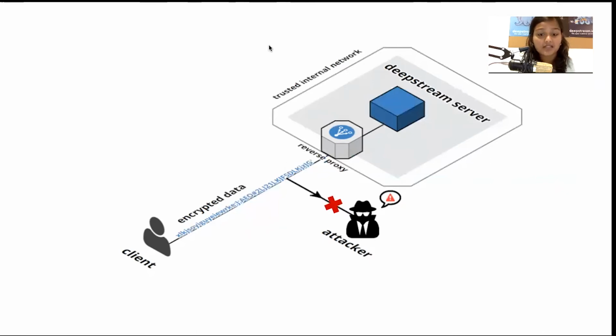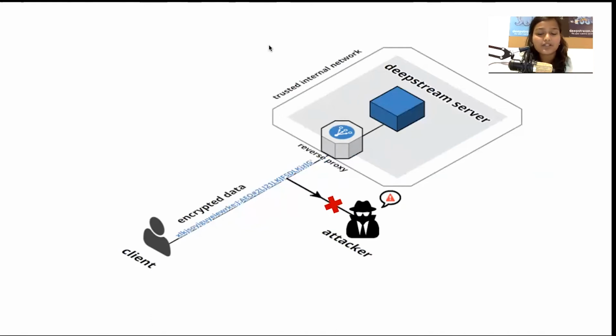It serves as a termination endpoint for all my TLS and SSL encrypted data, and the reverse proxy is the place where all my information is decrypted. From that point, the decrypted information flows directly to the Deepstream server, where your app logic plays, and all the other operations on the data are done then.